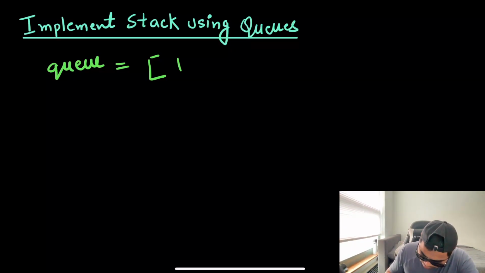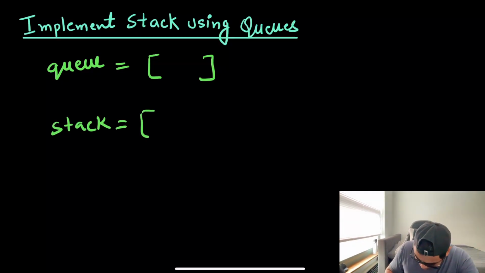Initially let's say we don't have any values, we just have an empty queue like this, and then we have a stack like this.